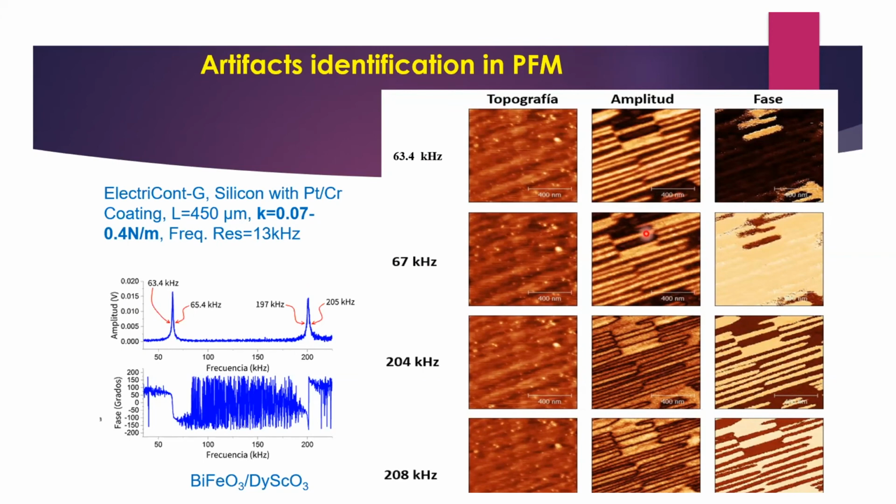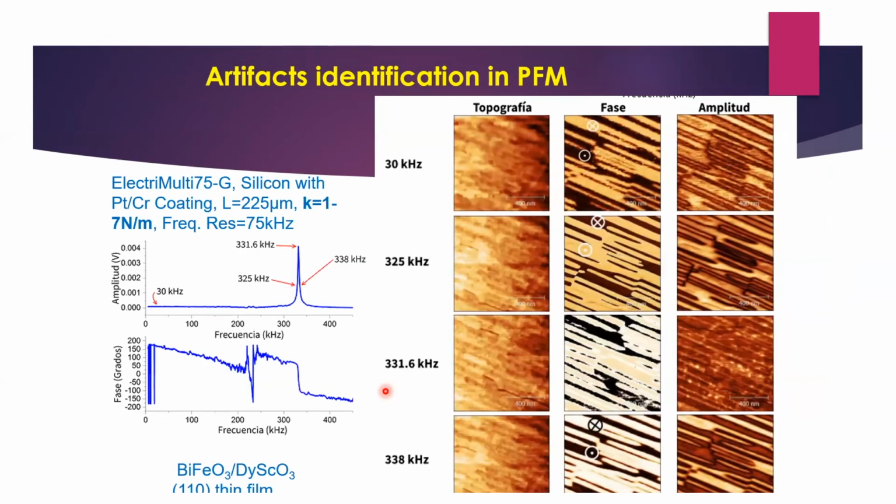You can see that they don't follow the rules that we explained before. And if you use the second resonance frequency, you obtain this kind of measurements, and you can see that these measurements follow the rules that we talked about before.